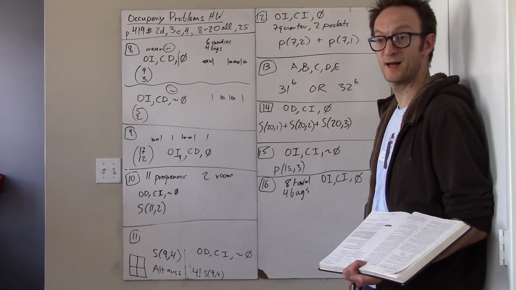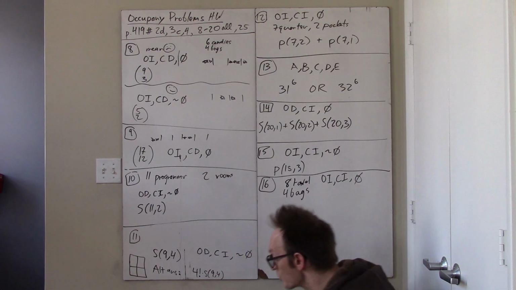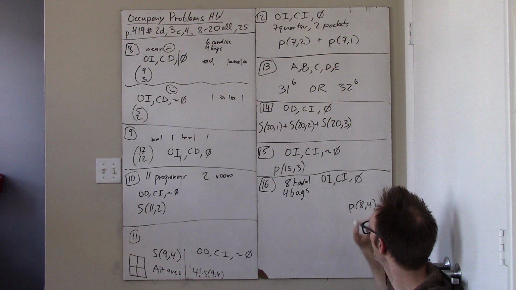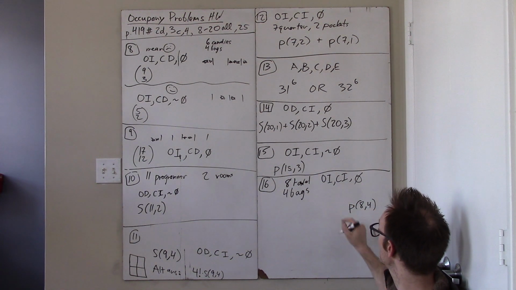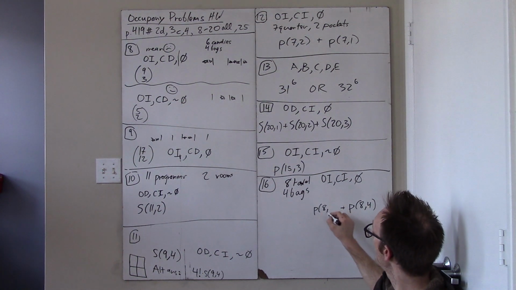Okay, well, here we are splitting up towels into piles, but we're splitting them up into an unknown number of piles. And so it's possible that we split the 8 towels up into 4 piles, and there are P(8, 4) ways to do that. That's assuming that we're using all the bags. But if we only end up using 3 of the bags, then it's P(8, 3).